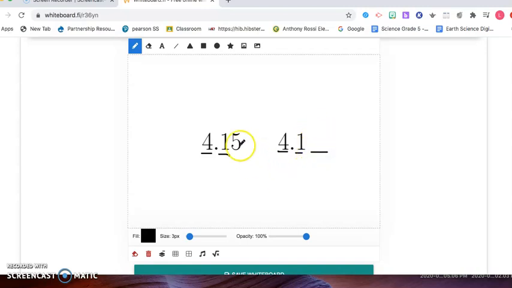We can't compare 5 and with no number. So we want to put a placeholder. And anytime we put a placeholder, it's always a 0. So now I can compare my 5 to my 0. And 5 is clearly greater than 0. So 4 and 1500ths is greater than 4.10.